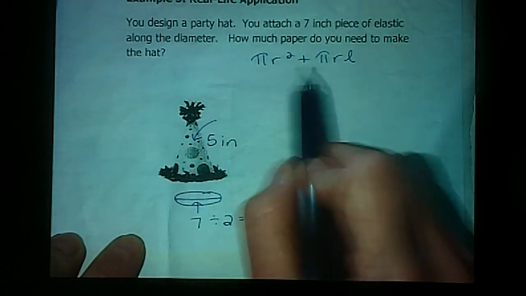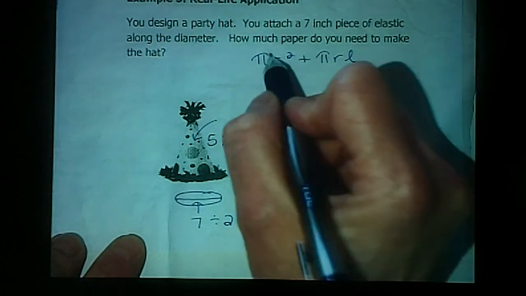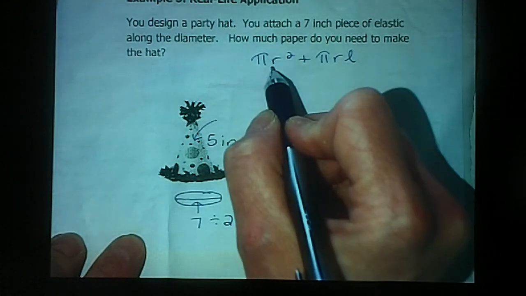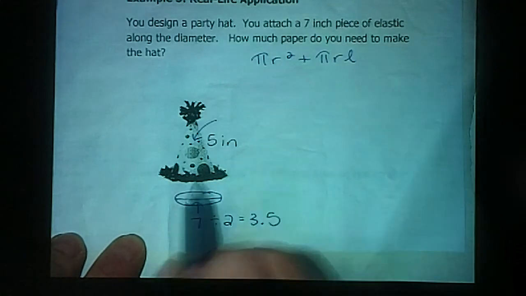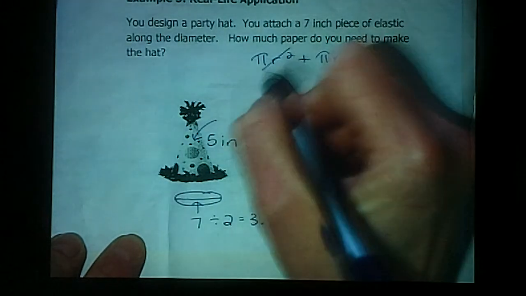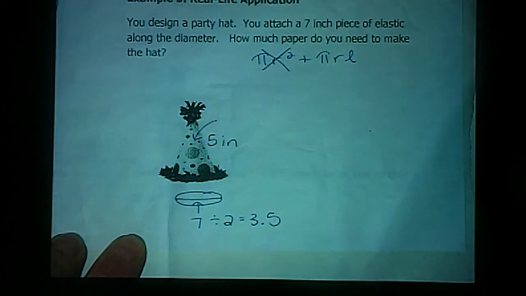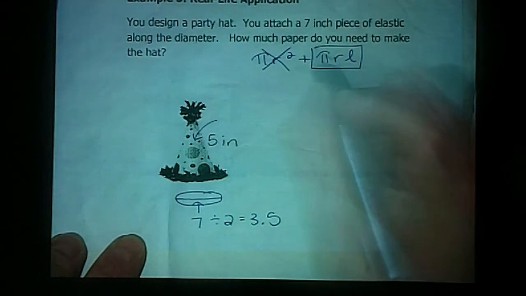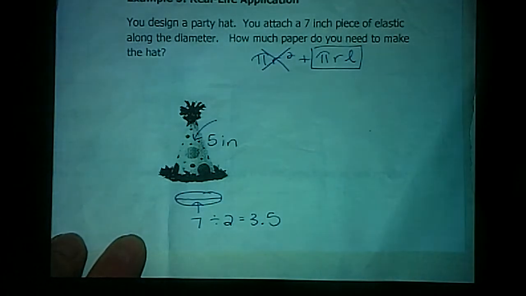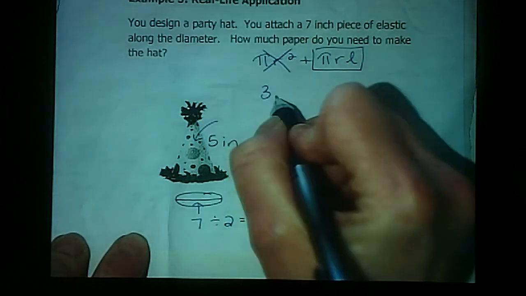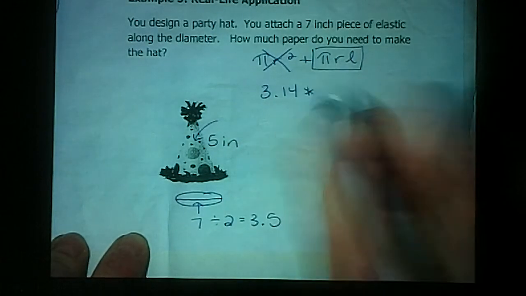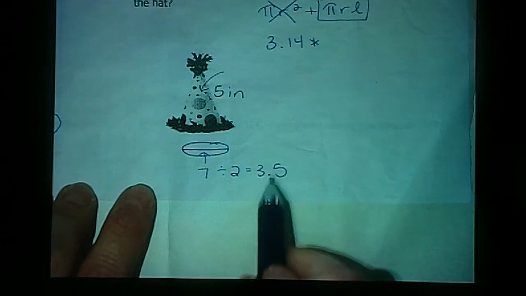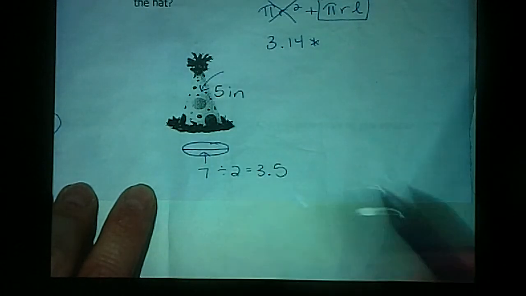Now in this formula, again, we recognize at the beginning that this pi r squared, that's how we find the area of the circle. We don't need the circle. So forget about that. All we have to do to find the paper is pi times the radius times the slant height. So pi, 3.14. The radius we already figured out. It's 3.5 because the diameter is 7. 7 divided by 2, 3.5.